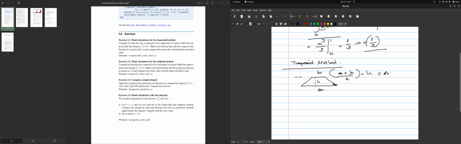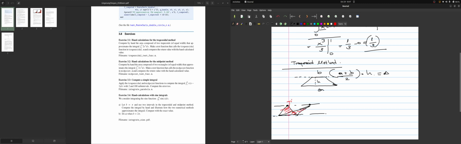Well, I remember from my high school mathematics that if you have a triangle like this, and if these lines are parallel, you can take this point and carry it here, and you end up with a triangle like this, and the areas of these two triangles are actually equal.